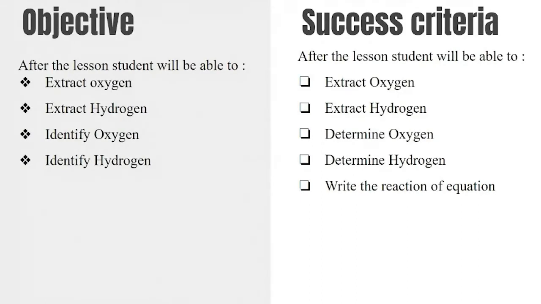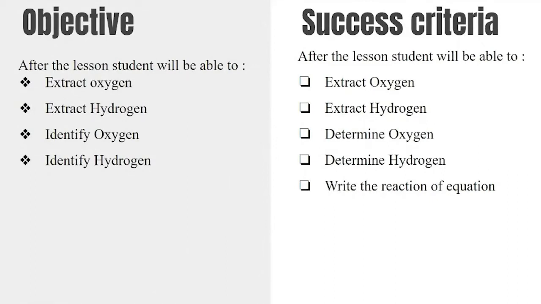The objective today is I'm going to show you the experiment to extract oxygen from a chemical reaction, and the other experiment is to extract hydrogen from a chemical reaction as well, and then identify oxygen and identify hydrogen.